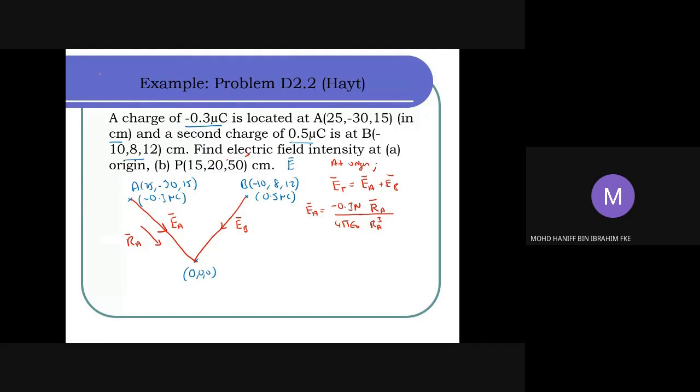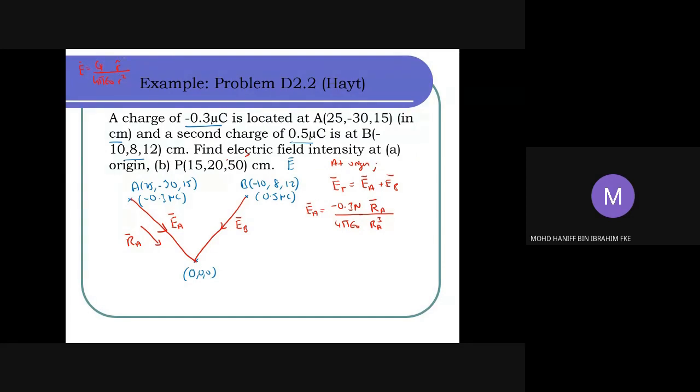Let me make it clear on this use of the vectors, just to make sure that you understand this clearly. From previous, we have the E field as Q over 4 pi epsilon naught, the unit vector of R, and we have R squared, remember?